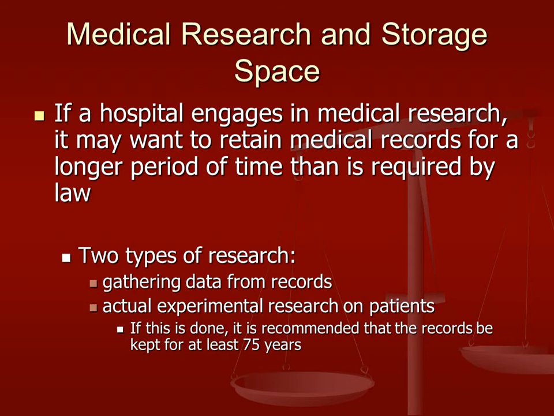Then other facilities are experimental research facilities, and they may do experimental research on patients. If this is done, it is recommended that these records be kept for a long period of time. The book will give you an example of at least 75 years. So if you are at a facility that does research on patients through experimental treatment, those records are going to be around for a long, long time.